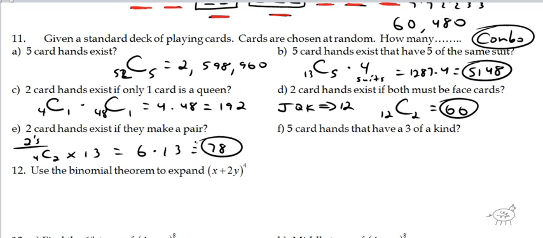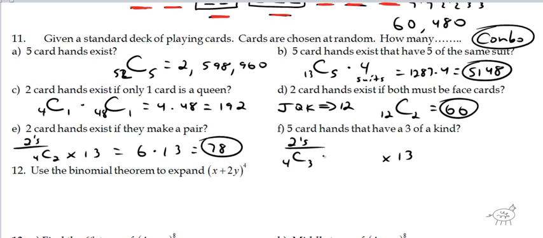Okay. F. 5-card hand. How many 5-card hands exist that have 3 of a kind? Great problem. 3 of a kind means let's do 2s again. Which now, just knowing that I'm doing 2s, I'm going to have to multiply that by 13, right? Because I got to do 2s, 3s, 4s, all the way Jack, Queen, King, Ace. So anyway, 2s, it's going to be 4 2s to choose from. I'm picking 3.